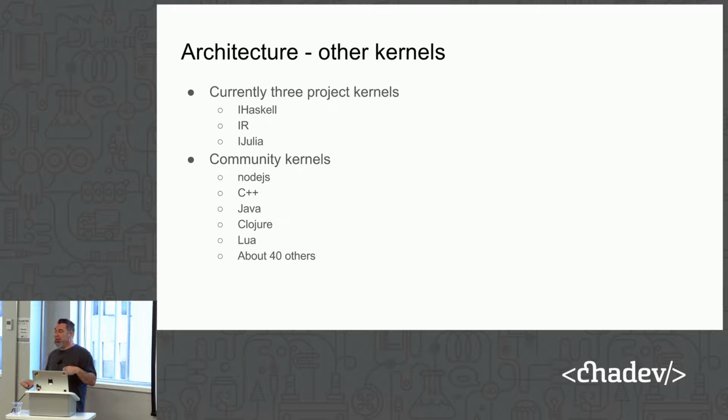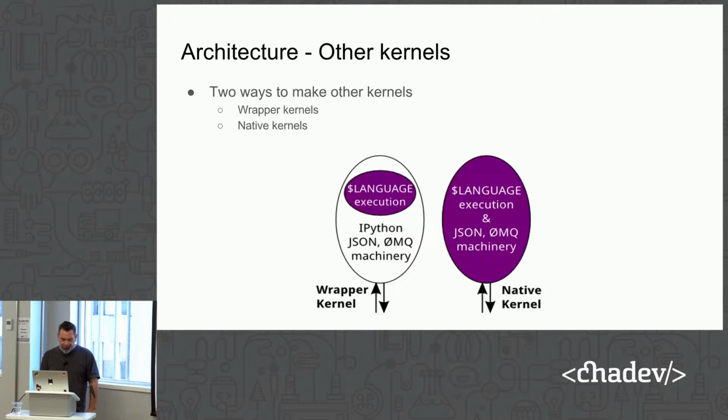And if there's not, then the instructions on making your own kernel are out there. We won't go into detail on that, because each kernel is most likely language specific. So setting up your execution environment is beyond the scope of this, but it's definitely possible. It's easily-ish done to create a kernel for whatever language you want, so that you can tie into these various front ends, and especially the notebook.